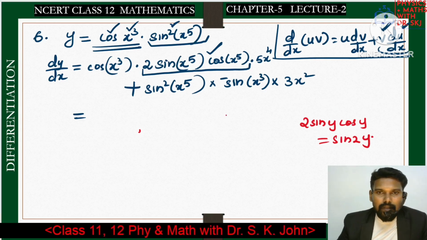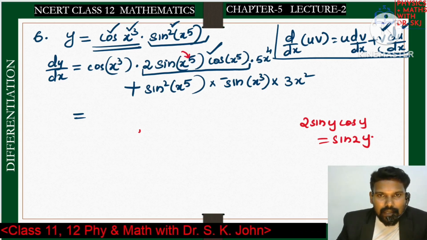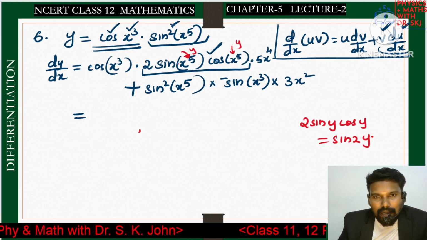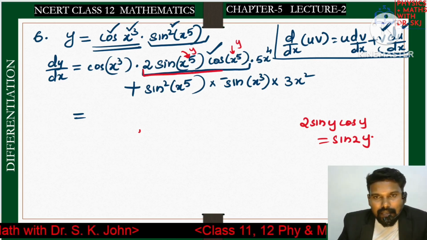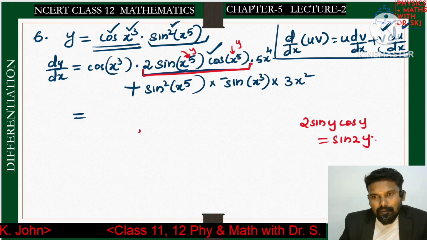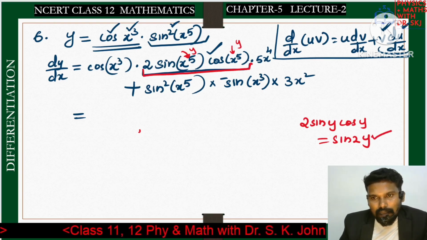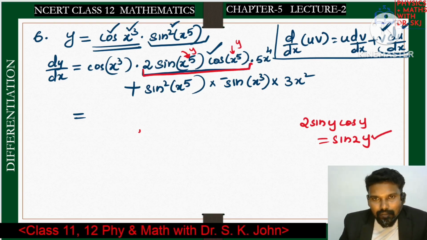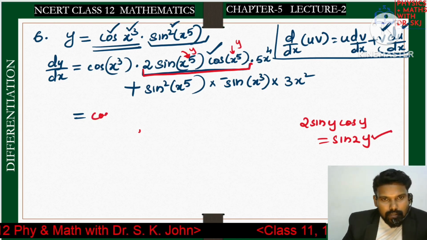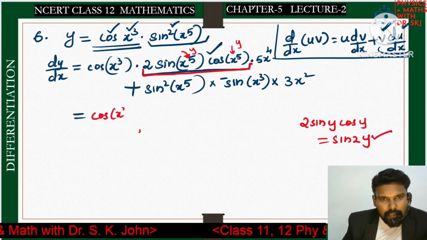Here if you take this x raised to 5 as y, then you can write this 2 sin x raised to 5 cos x raised to 5, using this formula, as sin 2x raised to 5. So this is cos x cube, the first term.